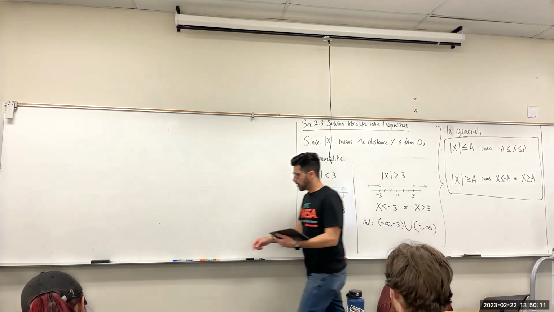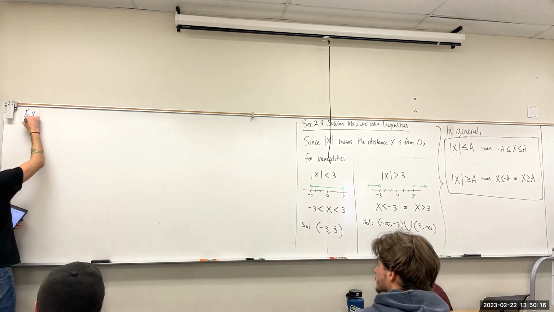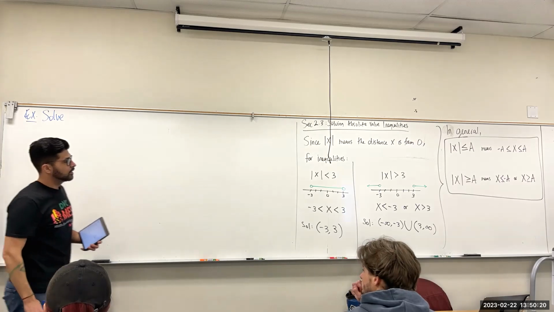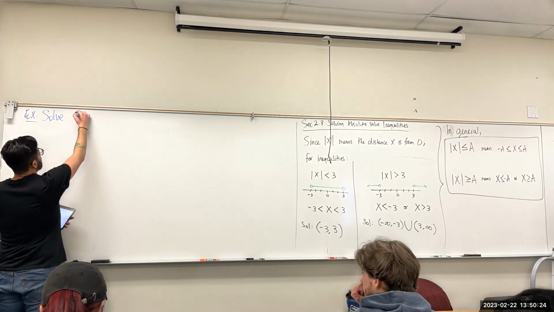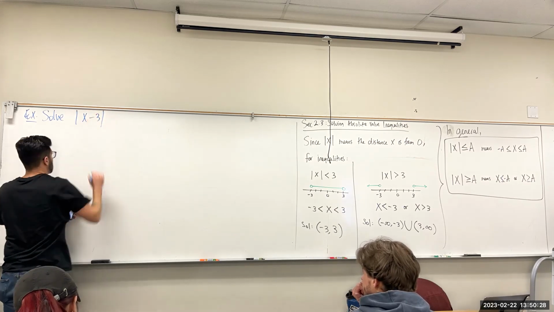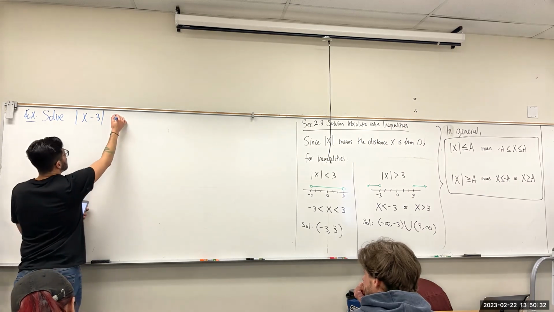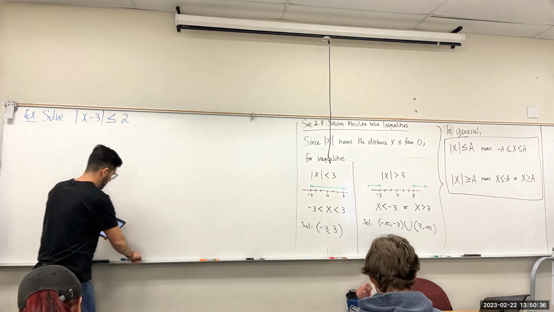All right, so let's see how you guys are going to solve these. Let's do some examples, and I'll have you guys try some. So let's say we have a weird absolute value like that. We have the absolute value of x minus 3 is less than or equal to the number 2.